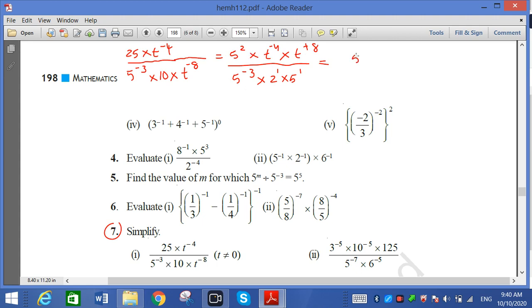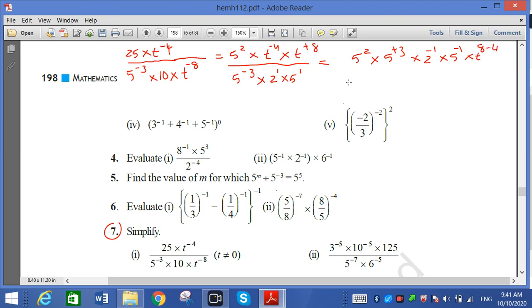So 5 the power 2 multiply. It should be 5 the power minus 3, it should now be plus 3, shifted from denominator to numerator. Again this minus 1, again this minus 1. And in multiplication, power is addition. So 8 minus 4.